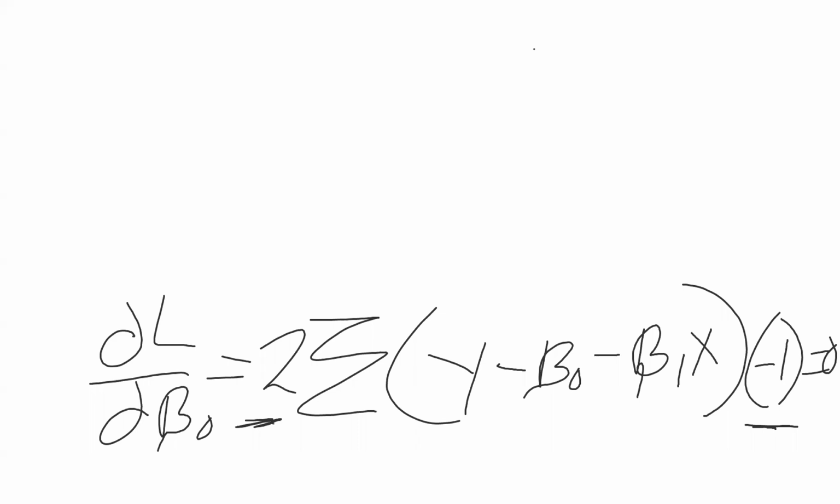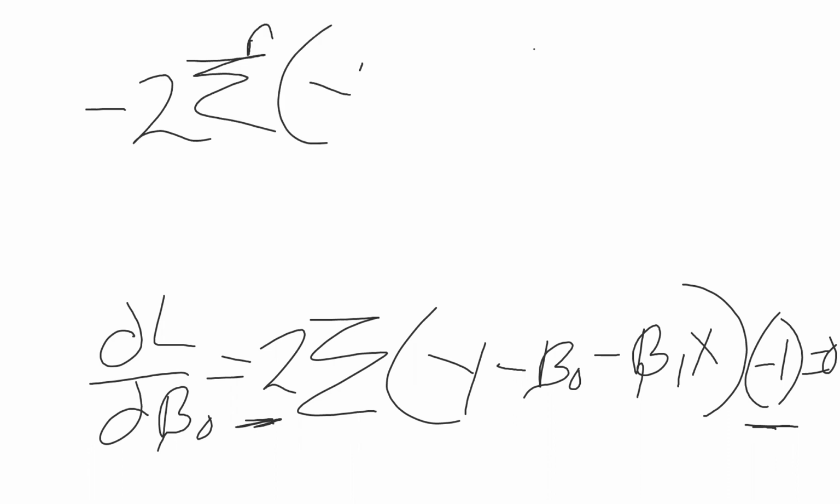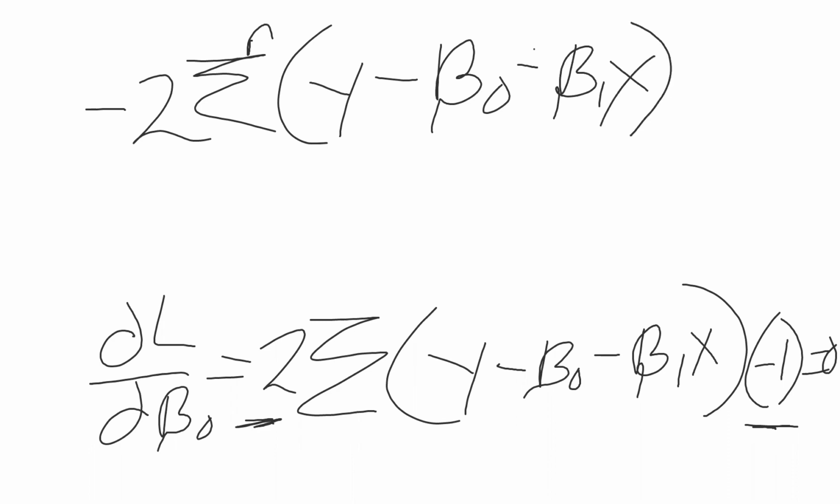It's multiplication, right? So you can have -2, the summation of n times y minus beta naught minus beta 1 x, you close all that, equal to what? To 0. Do you all agree with me that that's what is there?